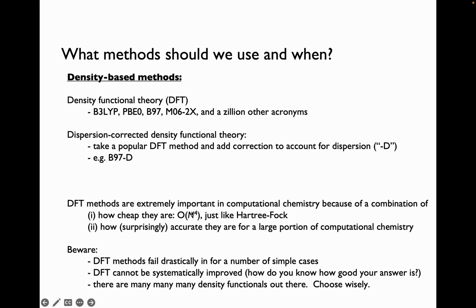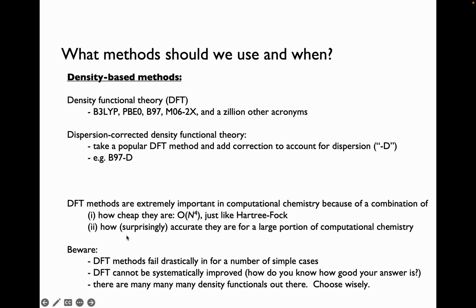So in Gaussian basis sets, density functional theory methods scale as n to the fourth, where n is the number of basis functions. But you can formulate density functional theory on a real space grid, in which case this scaling is linear, or can be made linear if you really try hard.